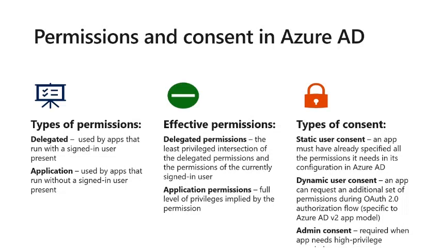Static user consent: an app must have already specified all the permissions it needs in its configuration in Azure AD. Dynamic user consent: an app can request an additional set of permissions during the OAuth 2.0 authorization flow, specific to the Azure AD v2 app model. And then there is admin consent, required when an app needs high privilege permissions.